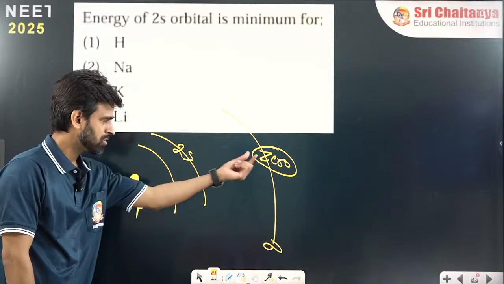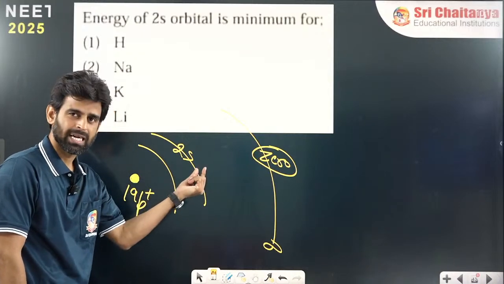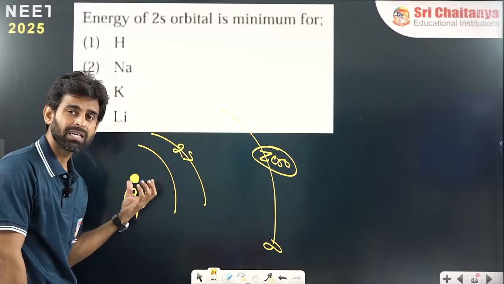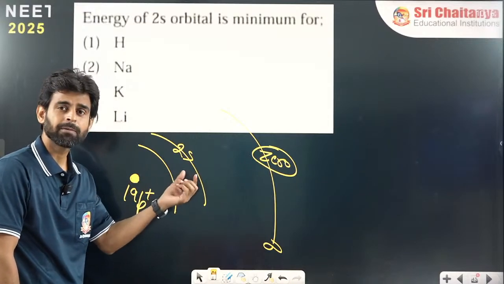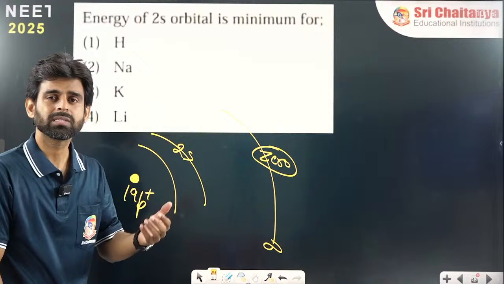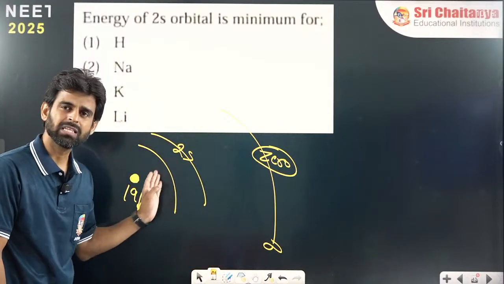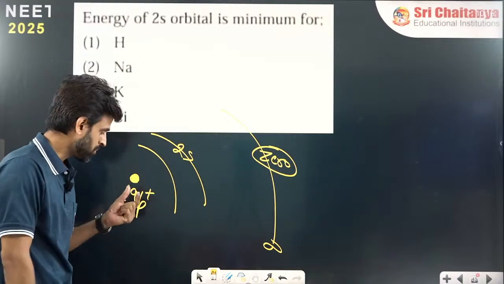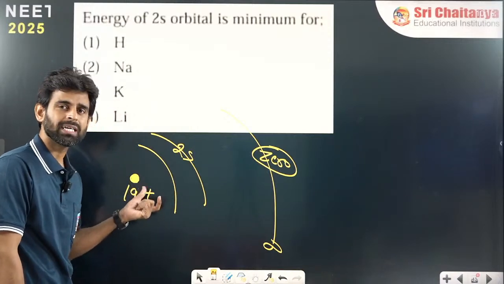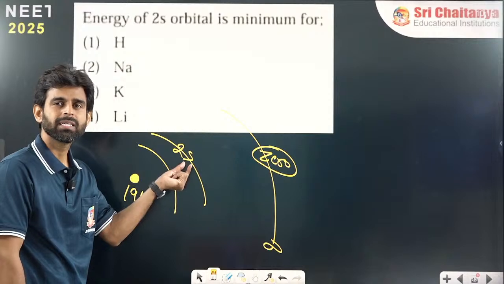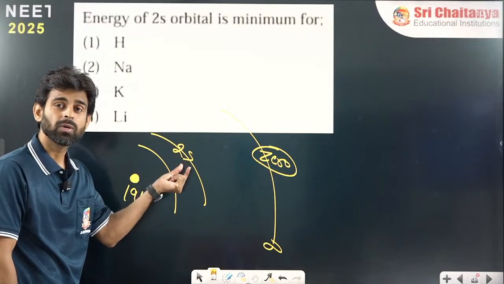So if an electron comes closer in an atom, it feels attraction from the nucleus, and that attraction causes release of energy. That's why we take energy negative in these shells, in orbits, right? 19 protons will strongly attract the electron in 2s.